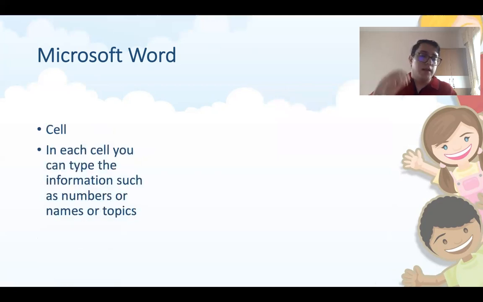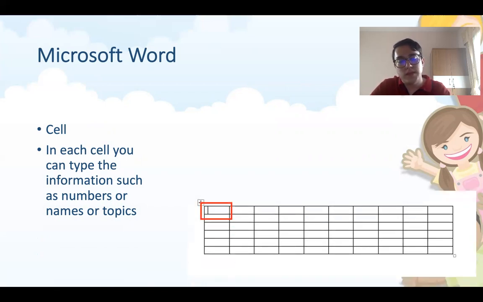And let's talk about cells. In each cell, you can type the information such as numbers or names or topics. So this is one cell.